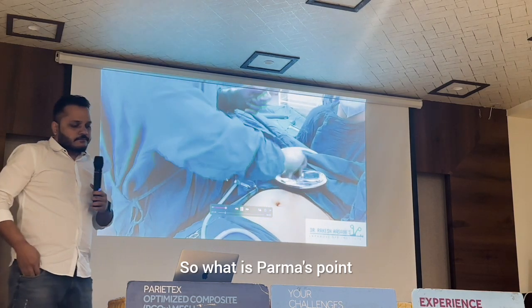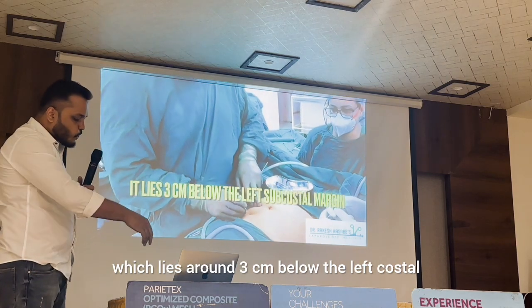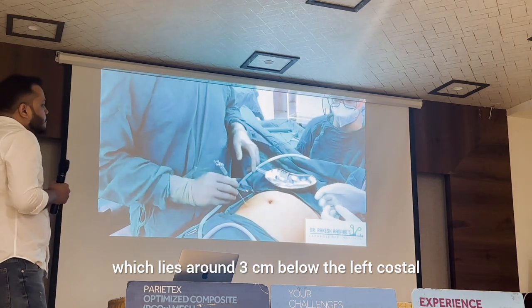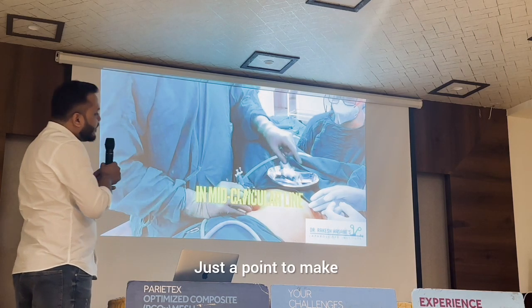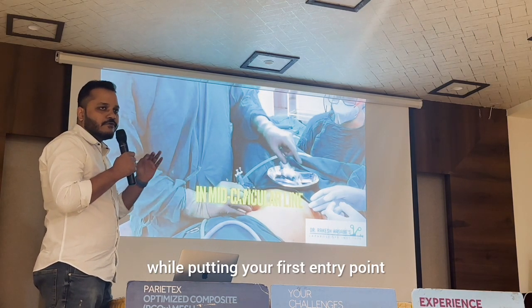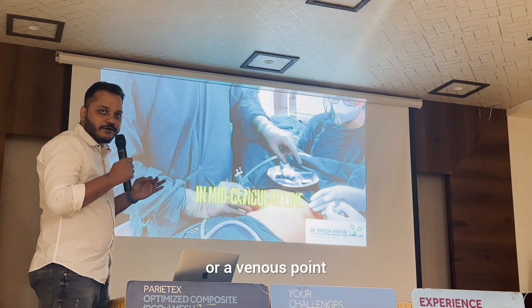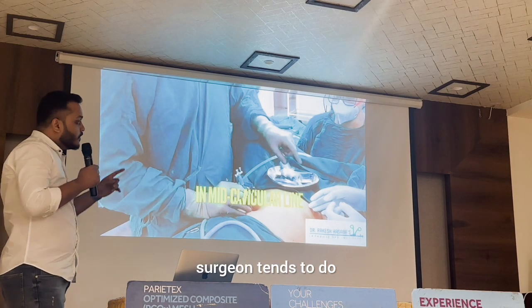So what is Palmer's point? Palmer's point lies around 3 cm below the left costal margin in the mid-clavicular line. Just a point to make: never lift the abdomen while putting your first entry point or Veress point. That is the common mistake every laparoscopic surgeon tends to make.